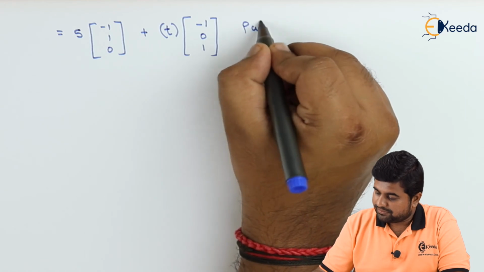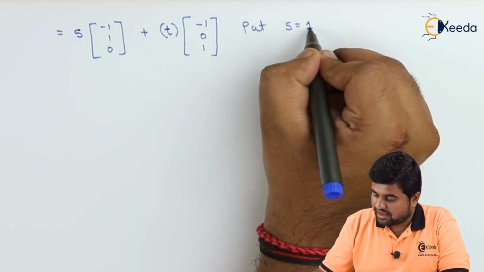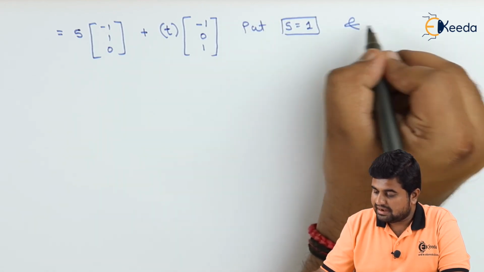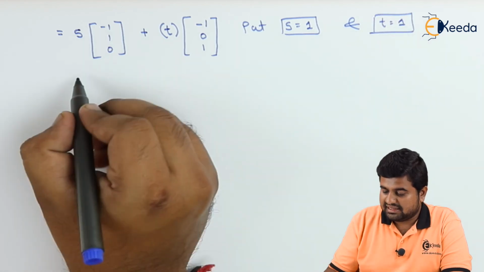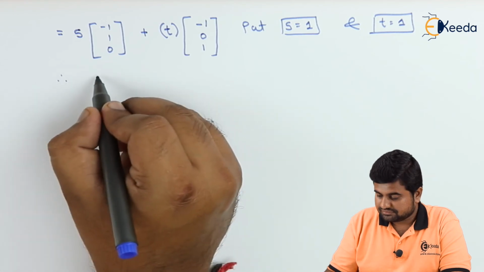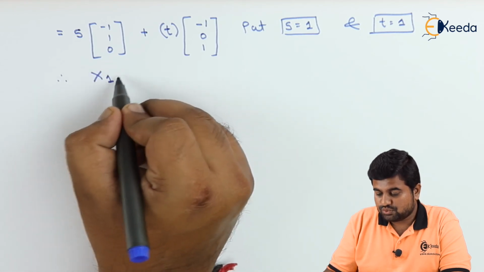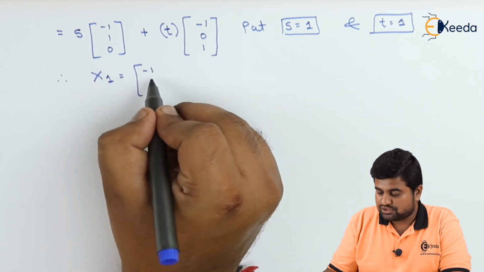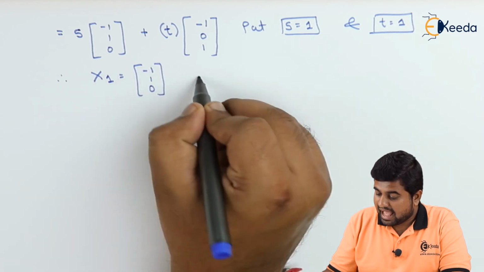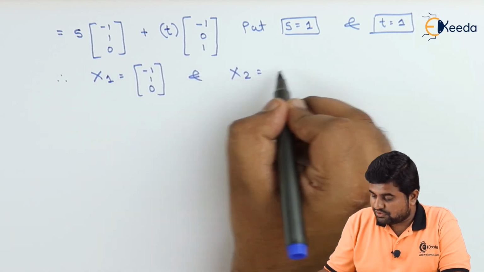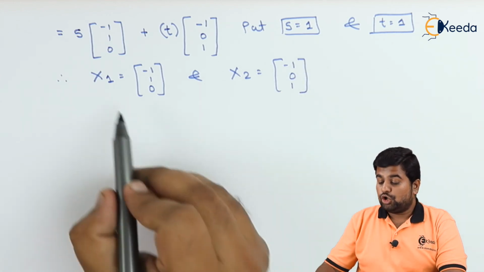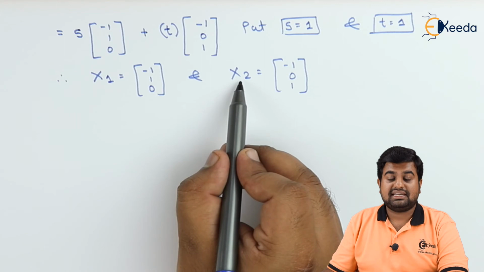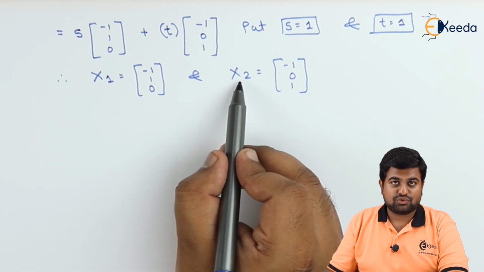Now let us put s is equal to 1 and t is equal to 1. So we'll get x1 is equal to minus 1, 1, 0 and x2 is equal to minus 1, 0, 1. Here we have got two eigenvectors since the value lambda is equal to 1 has been repeated twice.